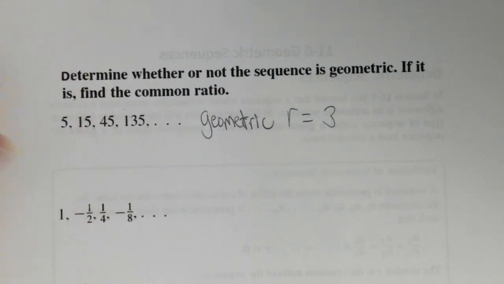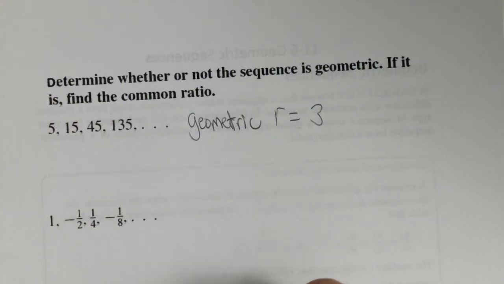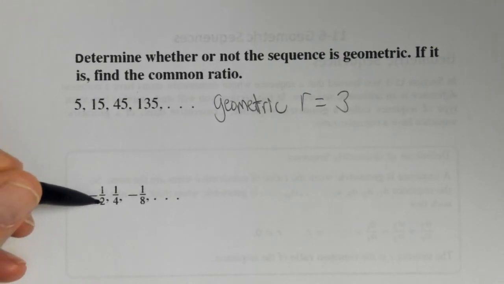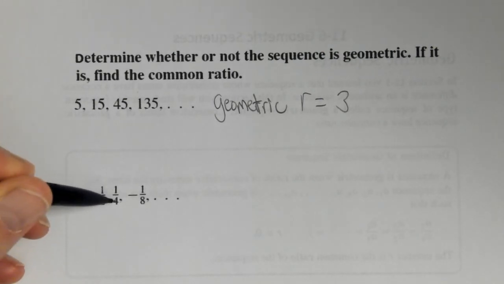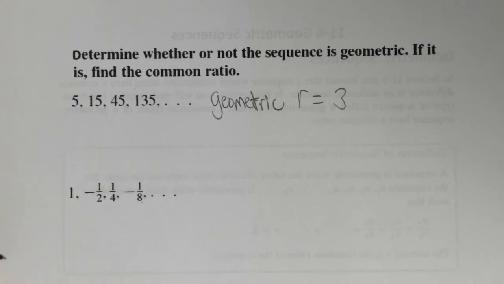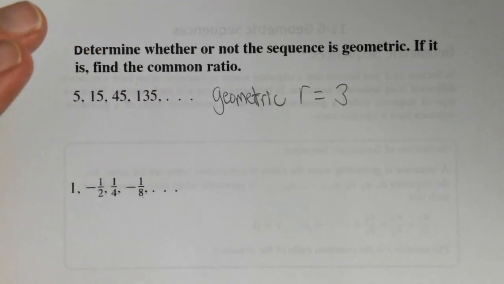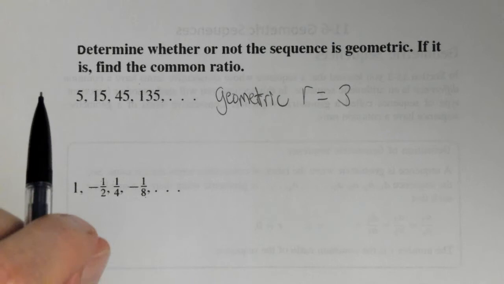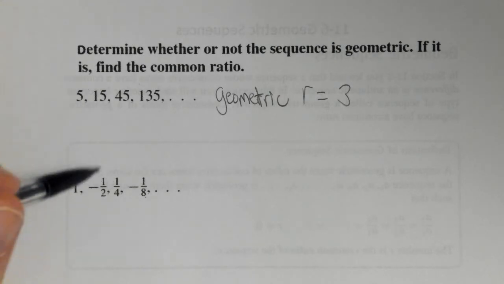What about the next one though? Okay, so on this one, maybe a little tricky. We start with 1, then we go to negative 1/2, then positive 1/4, then negative 1/8. So one thing that we do notice is that our sign is alternating. So is it possible with alternating signs to make this a geometric sequence?